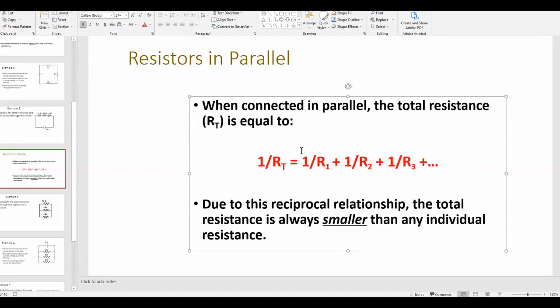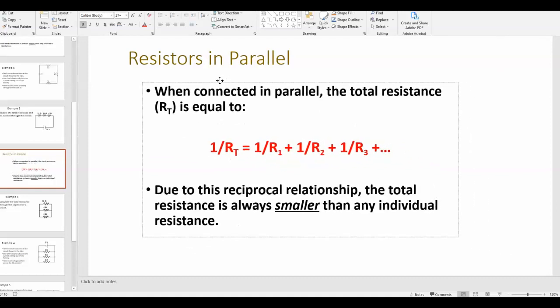When you have parallel circuits, to find the total resistance, you do 1 divided by RT is equal to 1 divided by R1 plus 1 divided by R2 plus 1 divided by R3 and so on. And so it's actually way more complicated. Rather than just adding the numbers, you have to do all this other stuff.